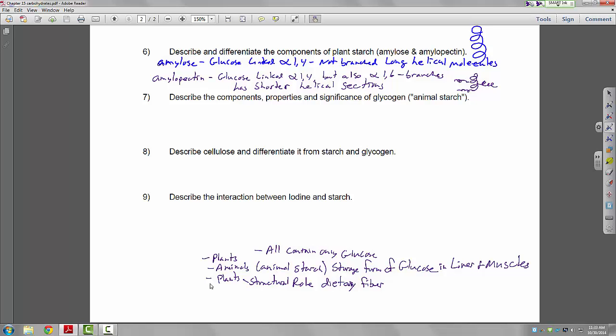Okay, describes the components, properties, significance of glycogen, animal starch. Again, it's very similar to amylopectin, but it's more highly branched.